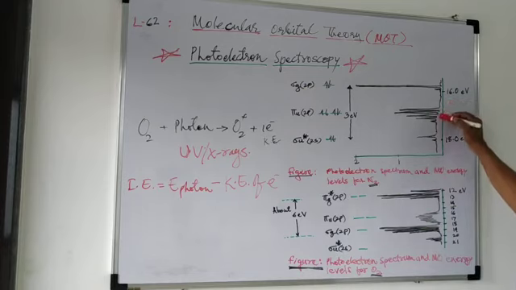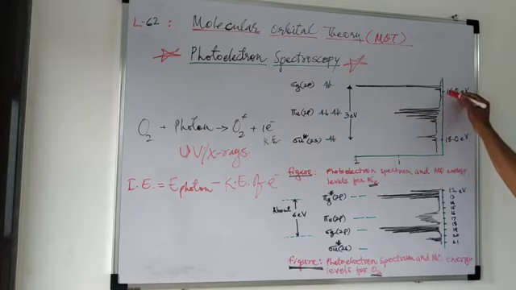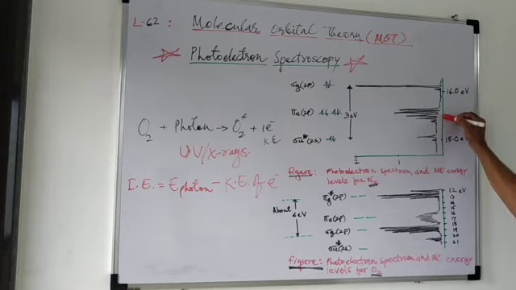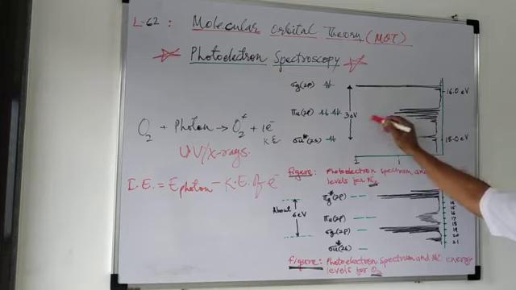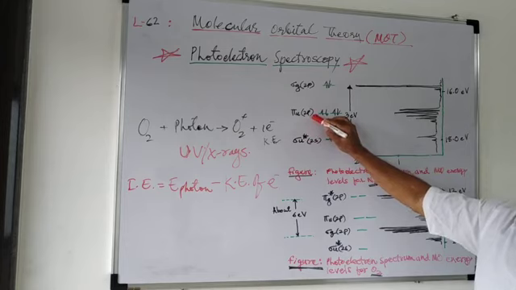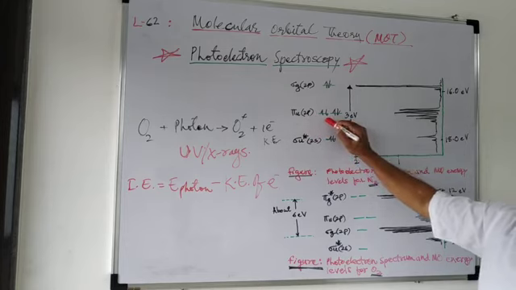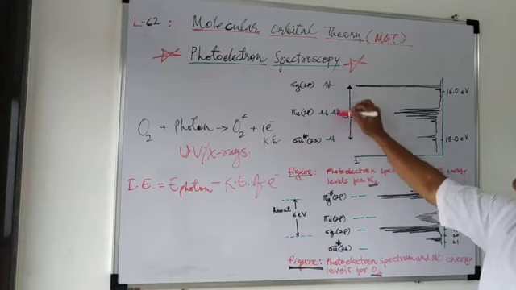Now you will observe the fine spectral lines in this spectrum at about 17 electron volts. These correspond to the pi u 2p, that is 2px and 2py, molecular orbitals of bonding nature. So these are bonding molecular orbitals.